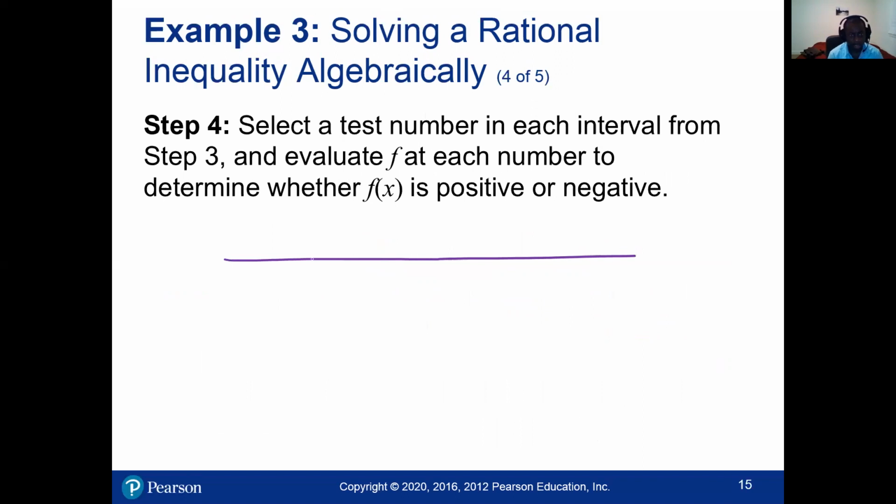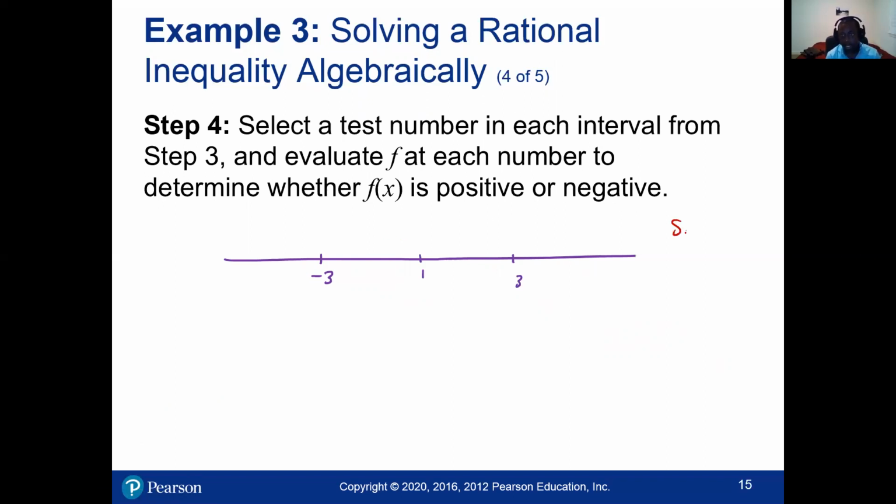So we have negative 3, we have 1, we have 3, and then infinity. I'm going to use a test value for each of them. Let me change my color. By the way, let me put the function here.